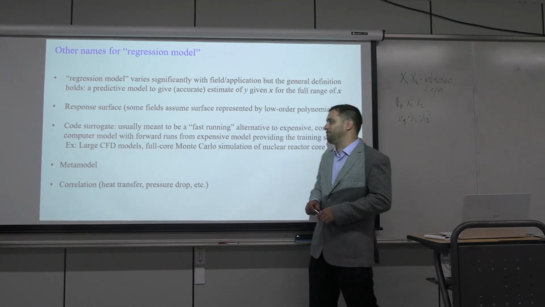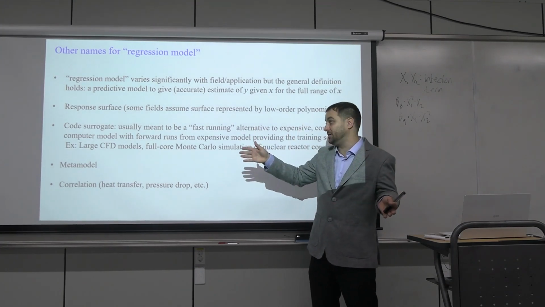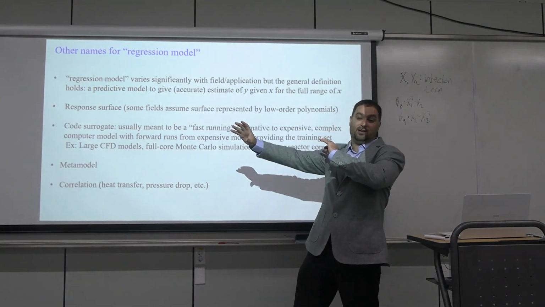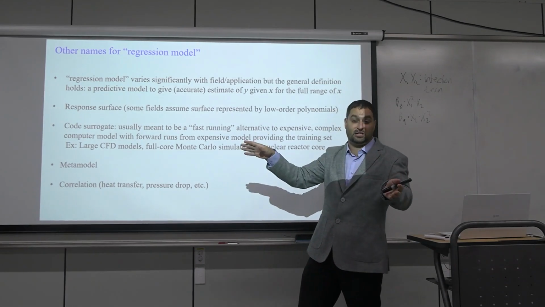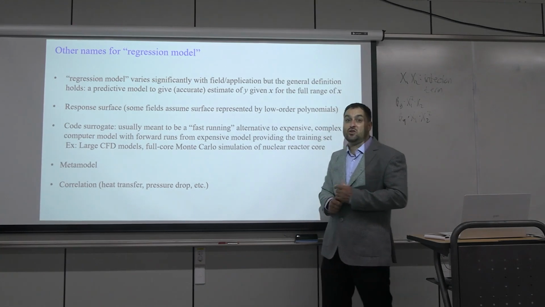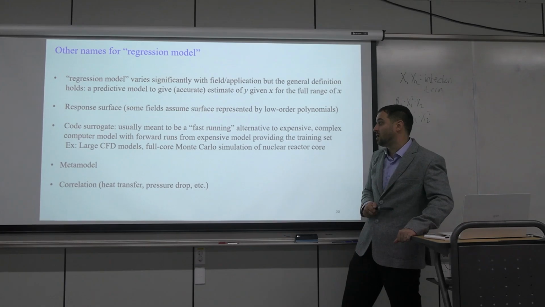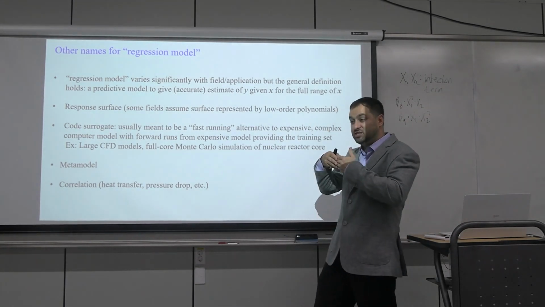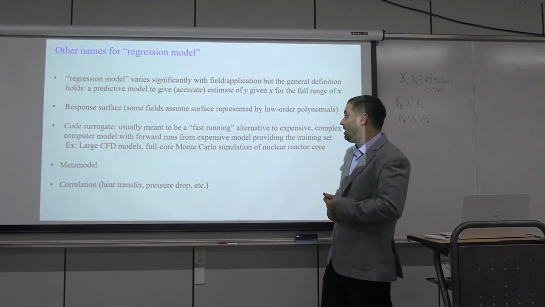For example, in the auto industry, but especially the aerospace industries, you might be doing very large CFD models of the shape of the airplane wing. These large CFD models take very long simulation times and a lot of computational power. Also in the nuclear industry, we might be doing what's called full core Monte Carlo simulation of a nuclear reactor core. These are high fidelity models, high precision, lots of detail, but very slow. It takes a long time and you have to use supercomputing architectures.